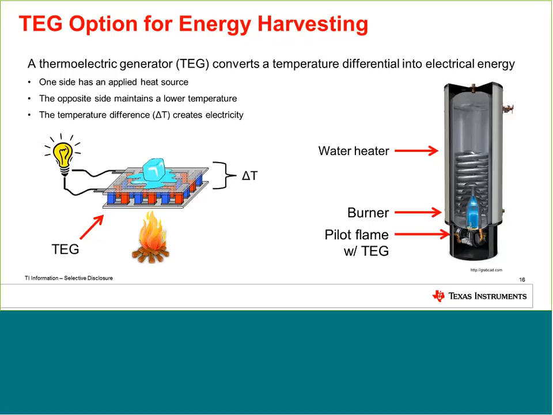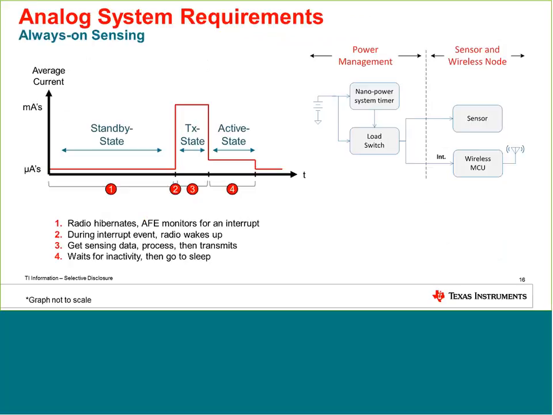The water heater is a perfect example of that, because we always have one side that is heated and another side that is not heated. So a pilot flame with a thermoelectric generator is a common way to use it in this kind of application.